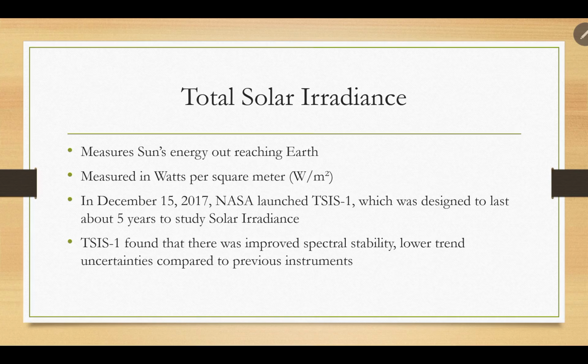And this found that there was improved spectral stability and lower trend uncertainties compared to previous instruments, like, for example, Nimbus 7, which was about 52, no, I would say 57 years. No, not 57, 59 years, pardon me.